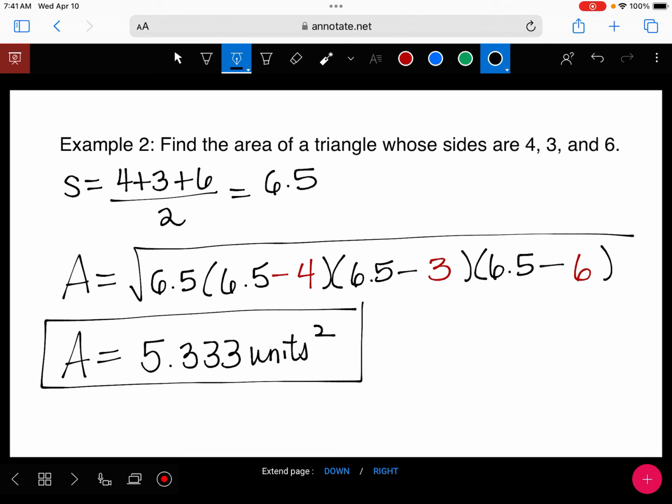All right, so who got 5.3 repeat? Questions, comments? What do you think?